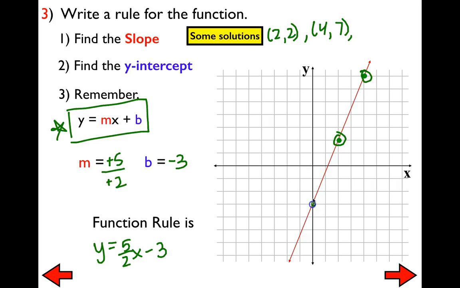This was the y-intercept, so that's going to be (0, -3). And that's the last one that I see. So these are the solutions to our ordered pairs. Please, once more, understand any point on this line is a solution. However, some are more difficult to pinpoint exactly what the ordered pairs are. So we do tend to pick the ones that fall exactly on an intersection that we can easily determine.